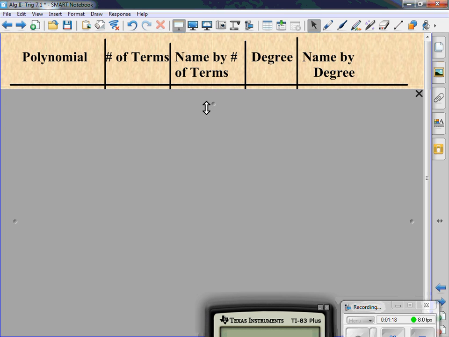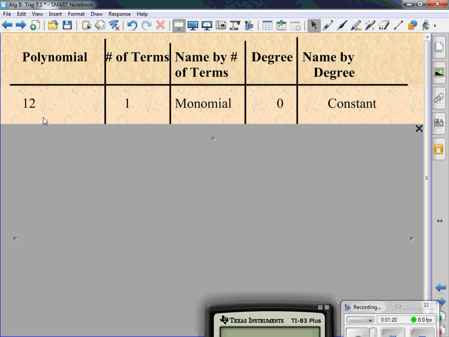For this table, the first one I have 12, just a number. The number of terms, there's just one term, so it's called a monomial. Its degree is 0, so it's called a constant.